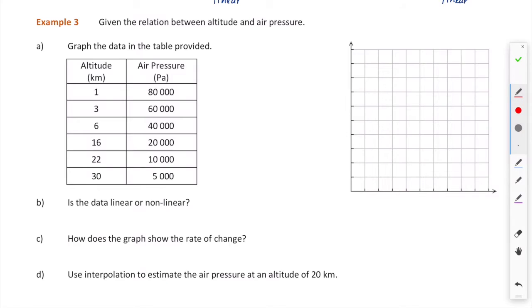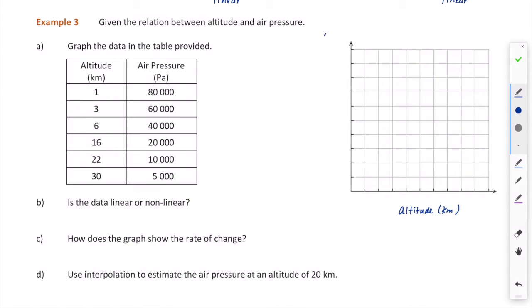Last but not least, let's take a look at example 3. You may think, this question looks familiar. Yes, indeed. I think you've done it for homework. Okay, so altitude is represented in the first column, so we can use that as our independent variable.